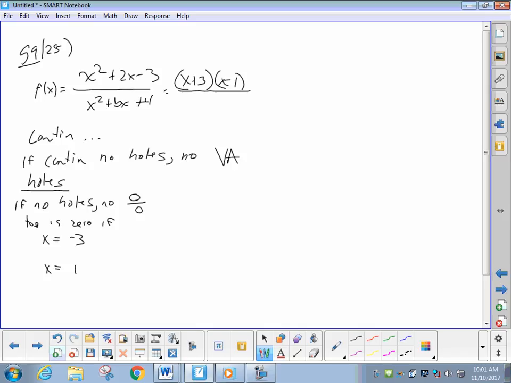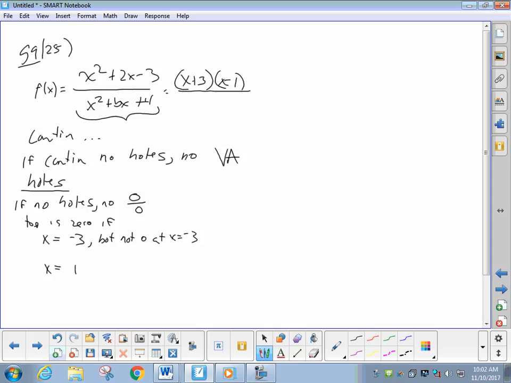So I guess I need to ensure that when x is -3, the bottom is not 0, so I don't get a hole. So if the bottom is not 0 at x equals -3, then what does that tell me? That when I put -3 in, it's not 0.